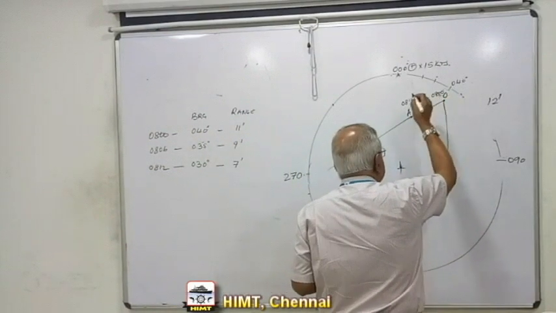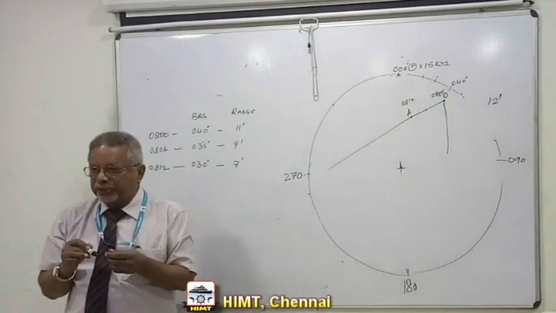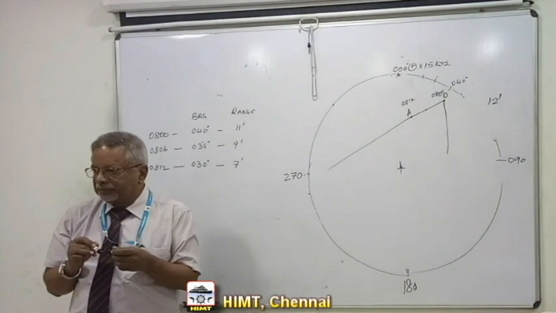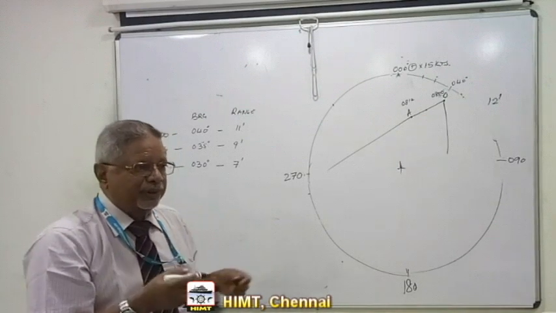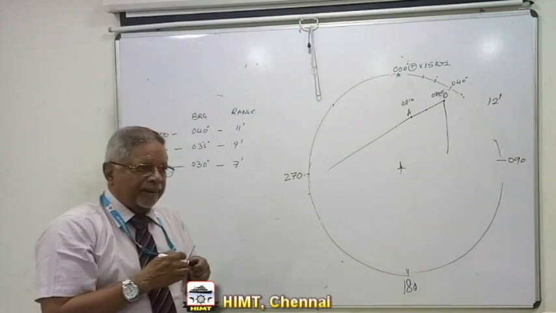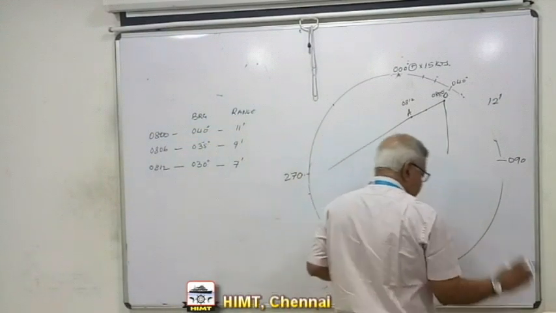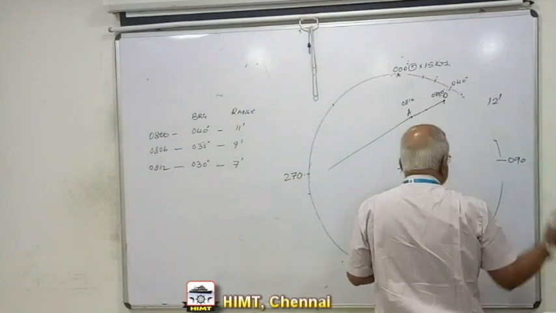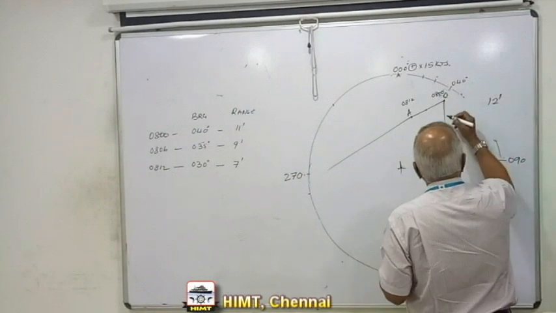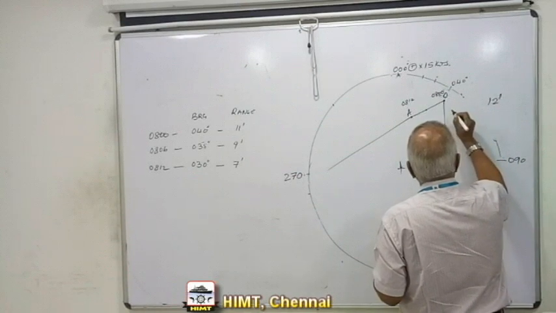Now for that 12 minutes, you must find out how much distance your own ship is going to cover. 3 miles. It's a mental calculation. Your speed is 15 knots. So now take 3 miles on this reverse course. Let us say 3 miles is there.